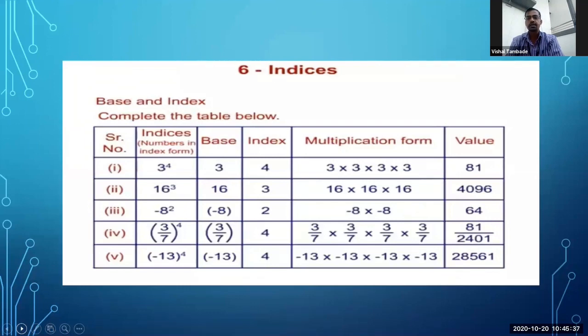If it is in index form, you first recognize the base, then the index, then write it in multiplication form, and last find the value. I think everyone understands it better. Next.